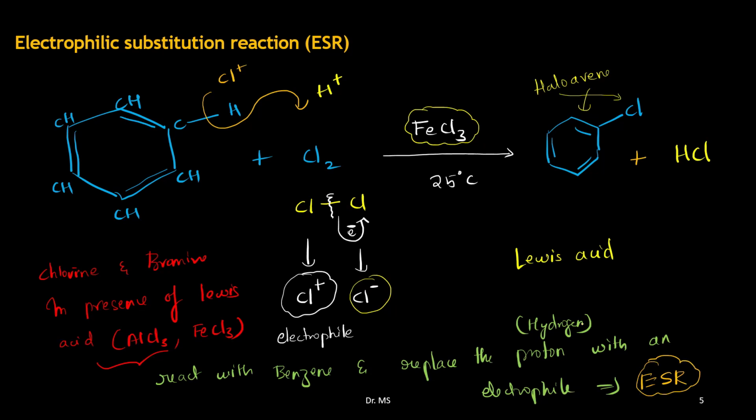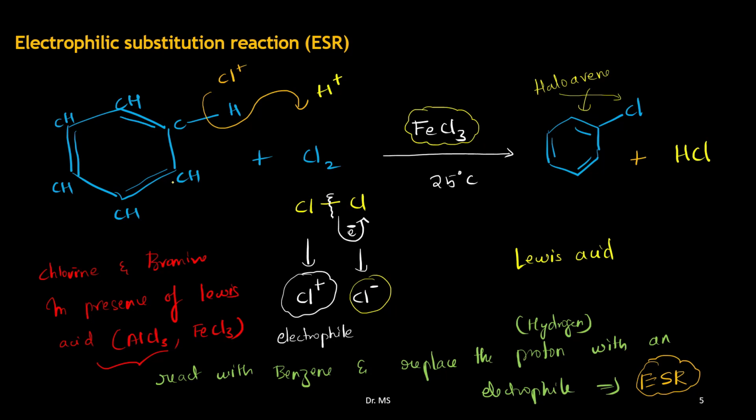Understood? So I'll simply repeat this again. Remember the benzene ring is there, having six carbons and six hydrogens. What we are doing here is breaking the bond between the chlorine and chlorine. When we break the bond, we donate the electrons to one chlorine, so it turns out to be a negative chlorine, and the other chlorine turns out to be a positive chlorine. This positive chlorine we call an electrophile because it loves the negative charge.